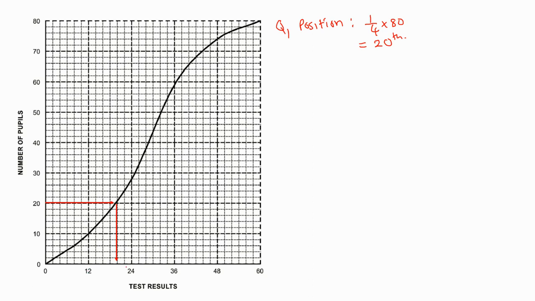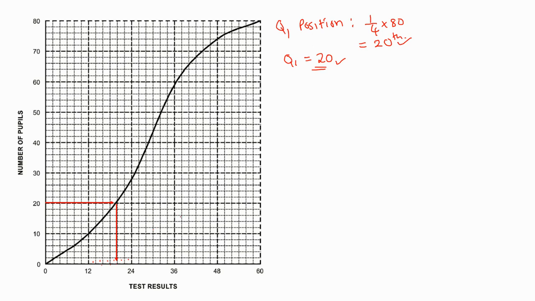This is from 12 to 24. It means you're counting in twos. So this is 12, 14, 16, 18, 20. So it means the lower quartile is 20. Okay, please take note. This is the position. This is the lower quartile. Okay, it's just by coincidence that they are the same here.